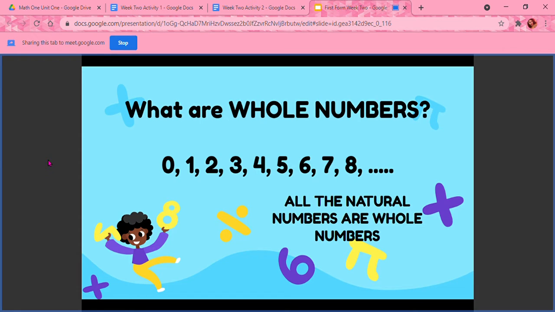Now, in addition to all the natural numbers, the whole numbers have one more number added to them. What is that number? Anybody?